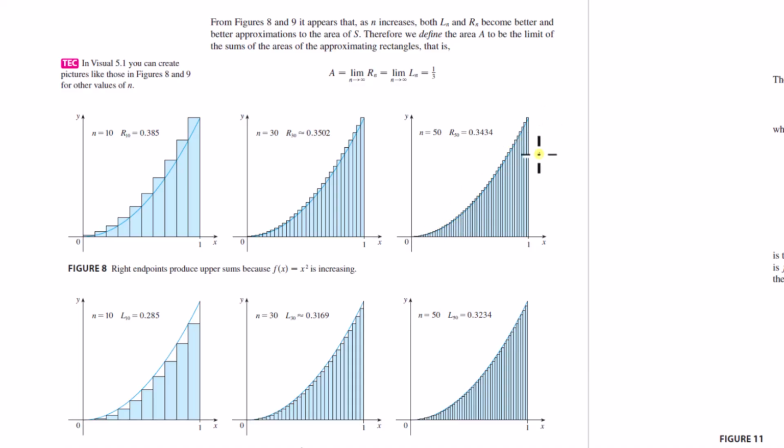For both the right endpoint and the left endpoint rectangles, it appears visually that as the number of rectangles gets larger, the total area of all the rectangles is converging onto exactly what we're trying to determine, the exact area under this curve.